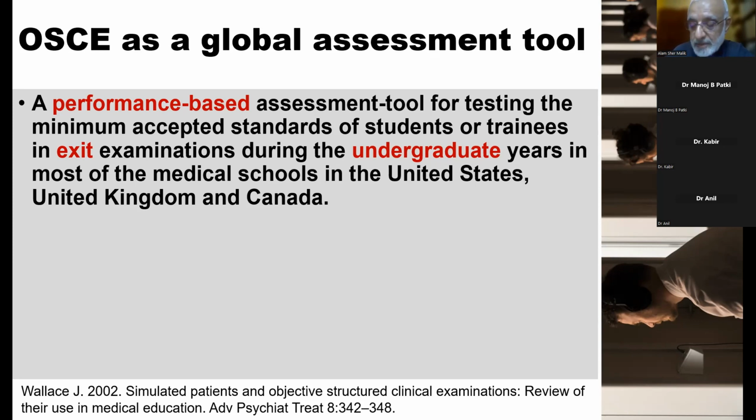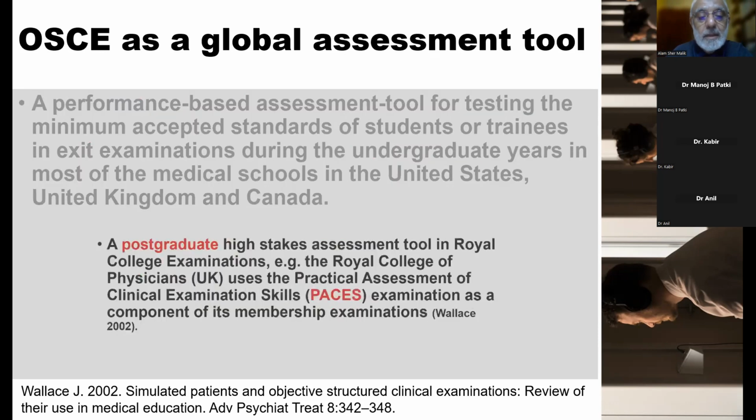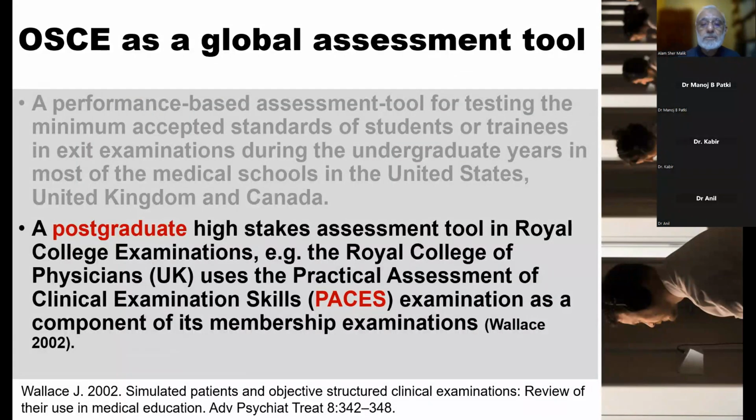And it's not just for undergraduate students, but even for postgraduate students. For example, the Royal College of Physicians has PACES, the practical assessment of clinical examination skills, which is again a variant of OSCE. So it is being used both for undergraduate and postgraduate assessment.